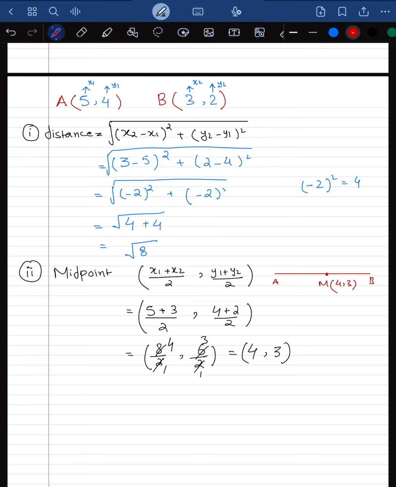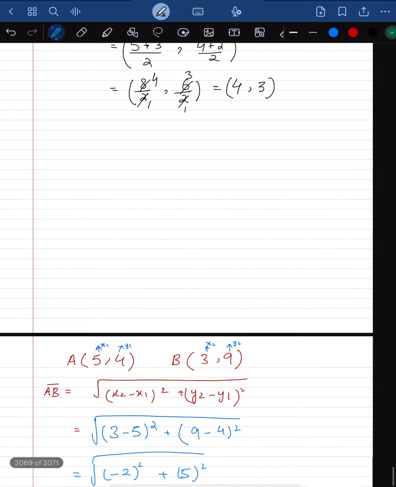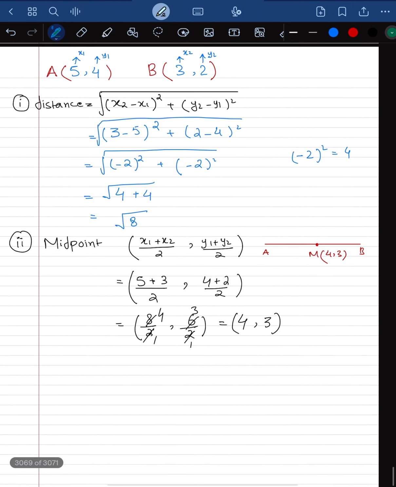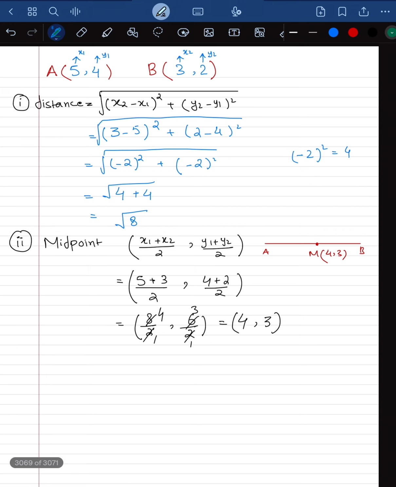Let's say now we have to find the gradient of these 2 points, or the slope. Gradient and slope have the same meaning. For gradient or slope, we will be using the formula: y2 minus y1 over x2 minus x1. Now we just need to place the values.